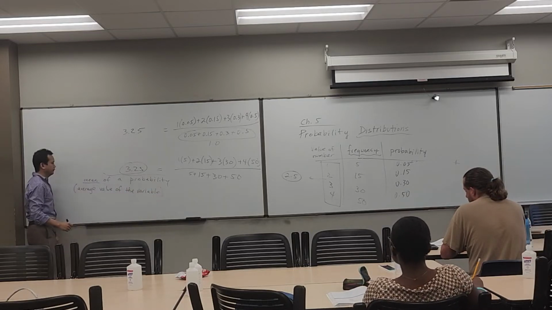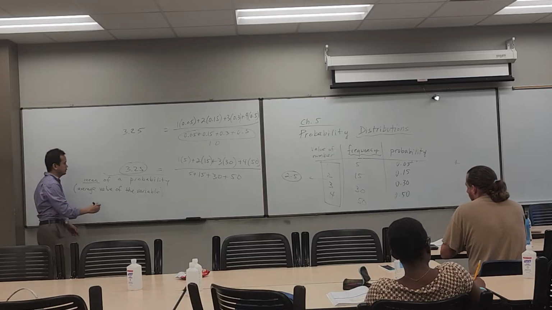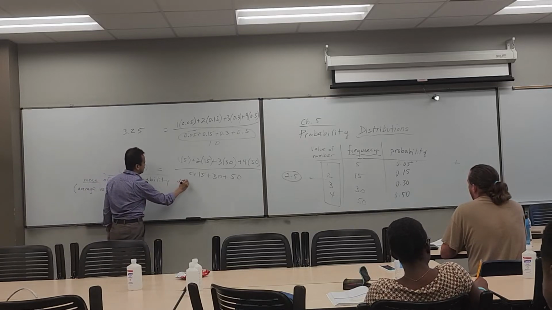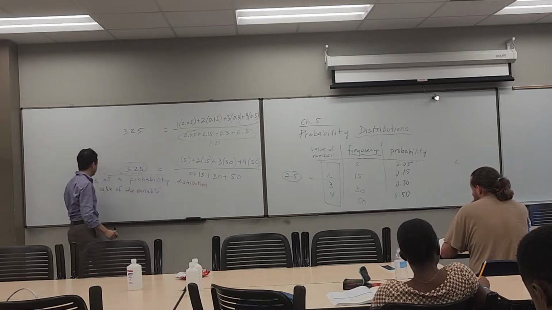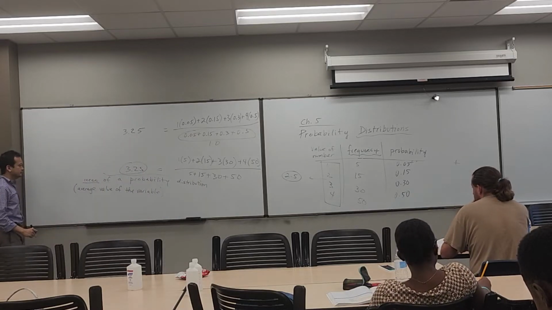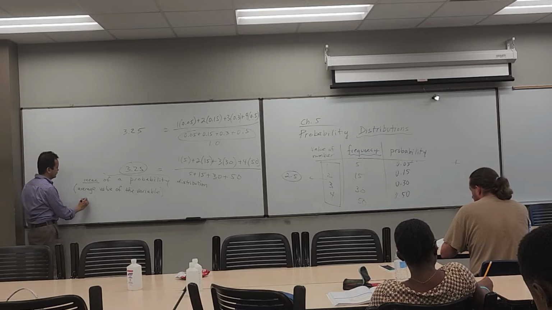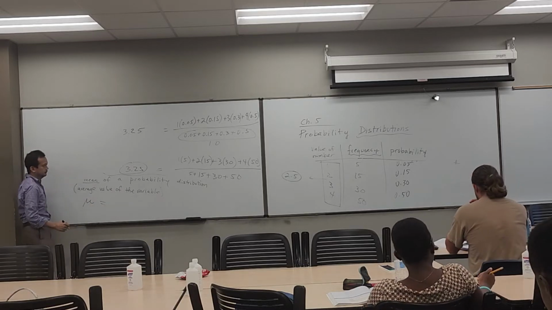So the average value of the variable in the probability distribution. And so let's go ahead and come up with a formula together.